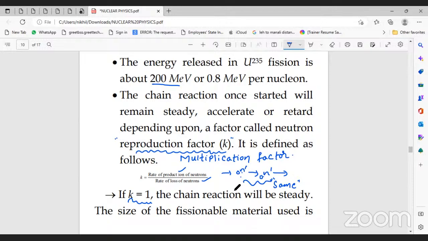Whatever the number of neutrons present in the present generation, that will be the same as the number of neutrons present in the previous generation. In such a case, we consider the chain reaction as a steady state. If the number of neutrons in each reaction is the same, we say it is a steady reaction.